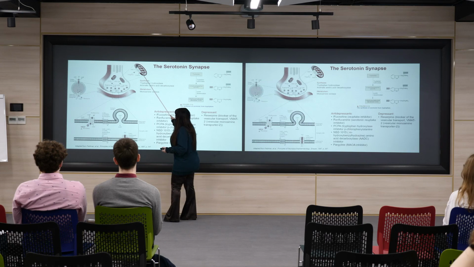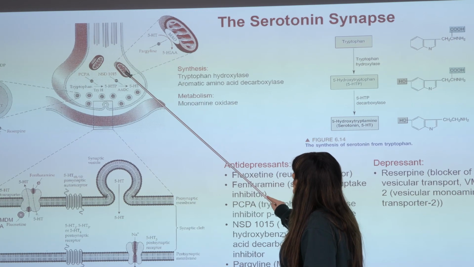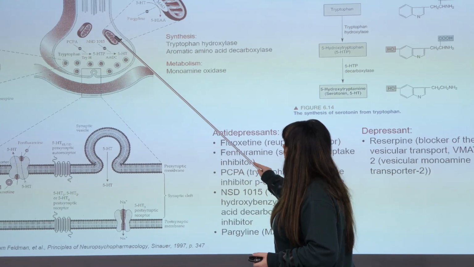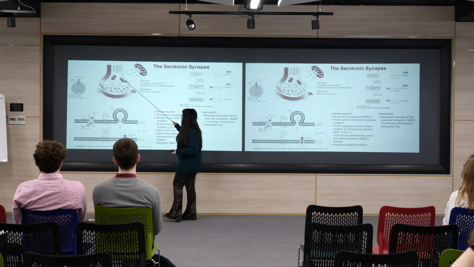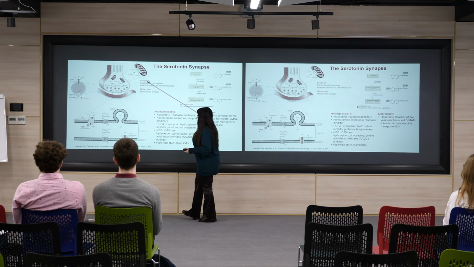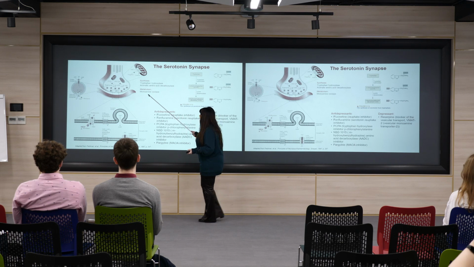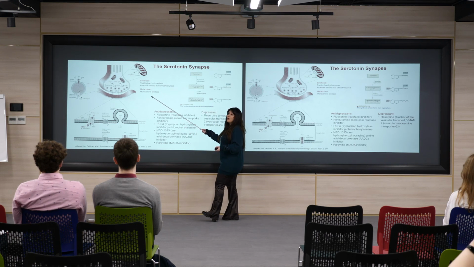The metabolism here takes place in these little organelles called mitochondria. You don't need to know, I just explain what it is in this figure. All you need to know is that there is a synthesis process: something has to be synthesized in order to do its function, and once it is done with its function, then it has to be broken down. That is the metabolism.